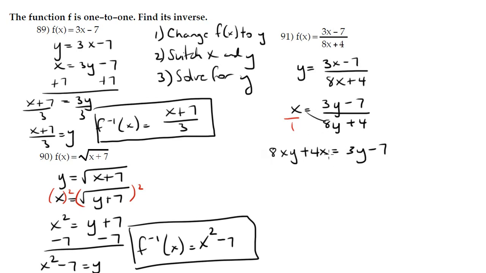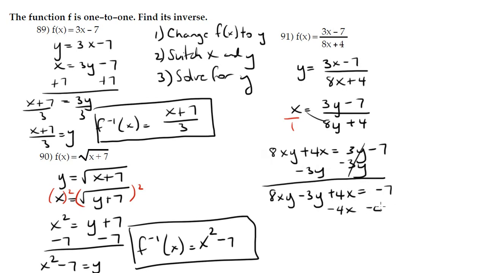Let's bring all our y's to the same side. Let me bring the y over first, so let's subtract 3y. So I have 8xy minus 3y plus 4x equals negative 7.